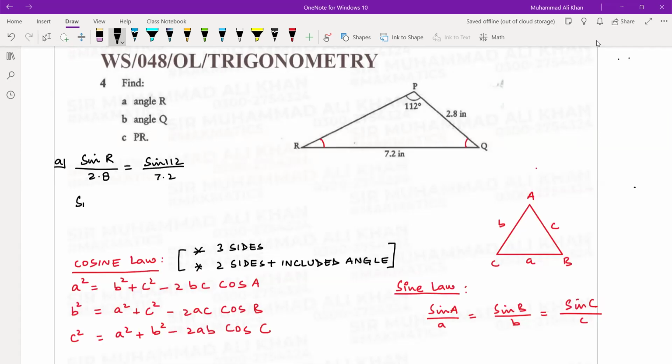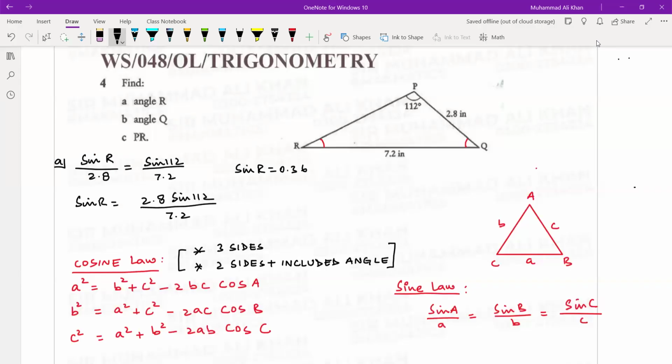Now, can I say that sin R is equal to 2.8 times sin 112 divided by 7.2? And what is the answer of this fraction? The answer is 0.36. Can I say that sin R is equal to 0.36?